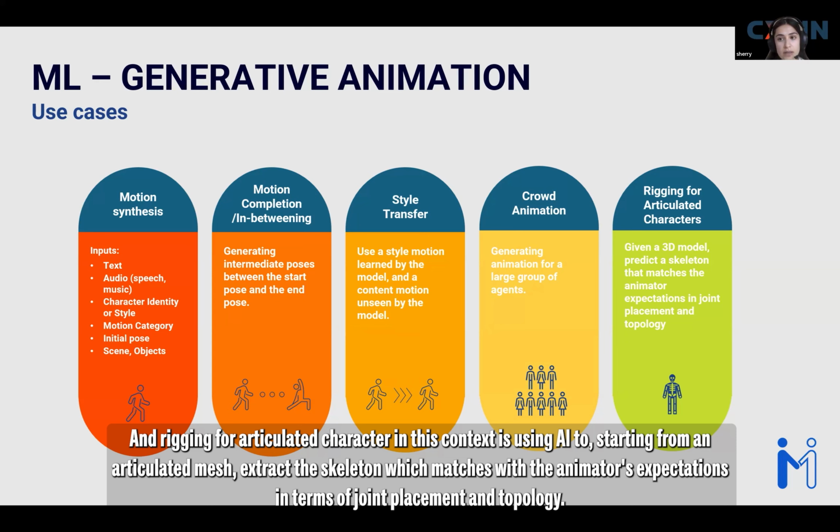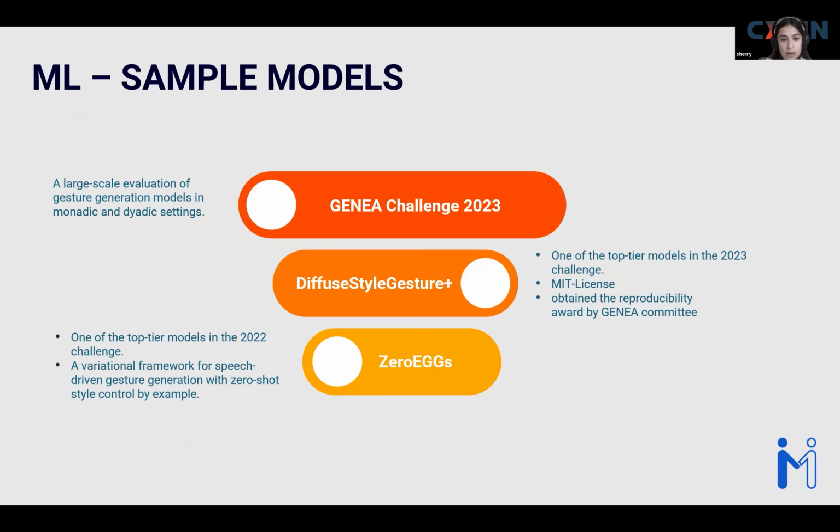And rigging for articulated character in this context is using AI to, starting from an articulated mesh, extract the skeleton which matches with the animator's expectations and in terms of joint placement and topology. Next.